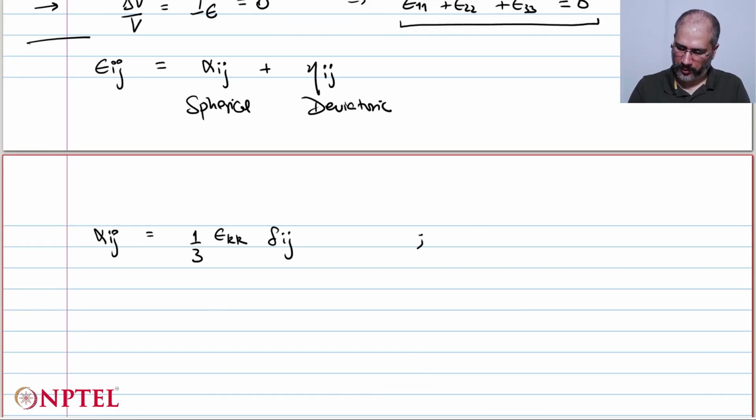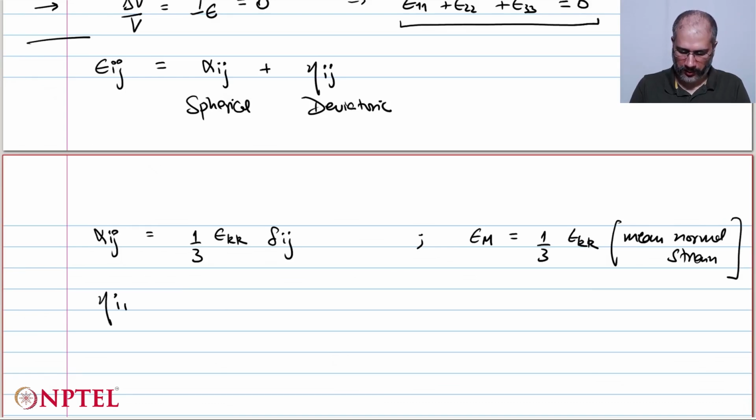I'll just write epsilon mean is 1/3 of epsilon kk. This is called the mean normal strain. And the deviatoric part, eta ij, is simply epsilon ij minus the spherical part.